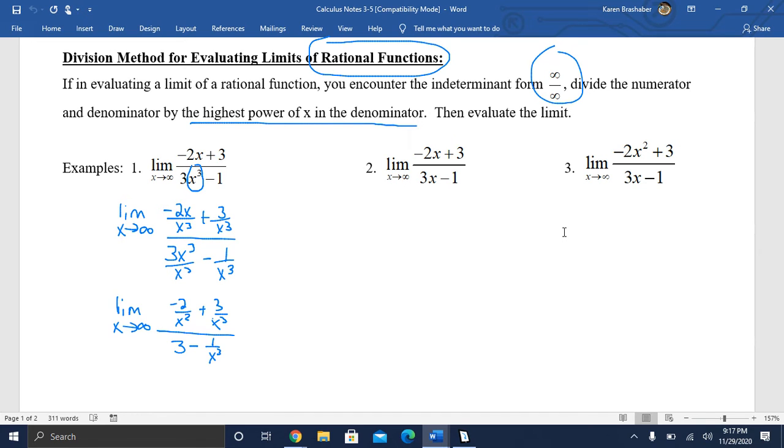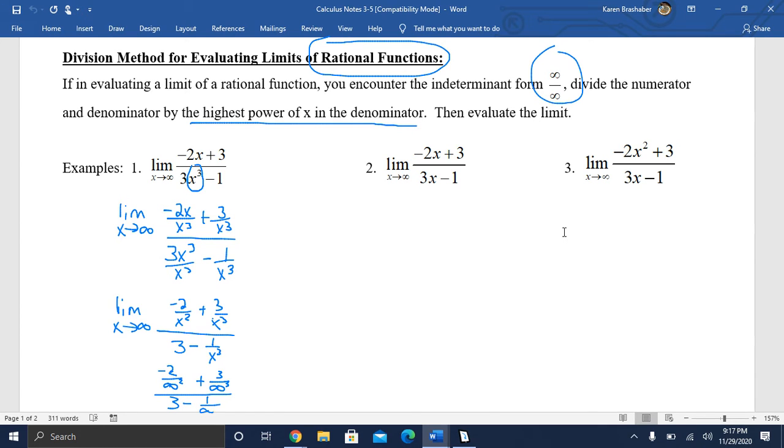Now, when I substitute in infinity for this, I have negative 2 over infinity squared plus 3 over infinity to the third, and this is over 3 minus 1 over infinity to the third.